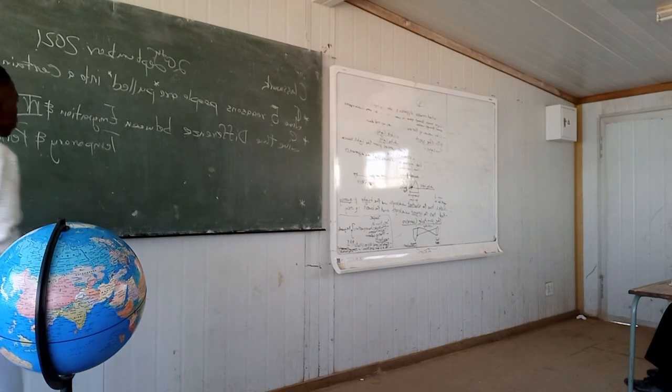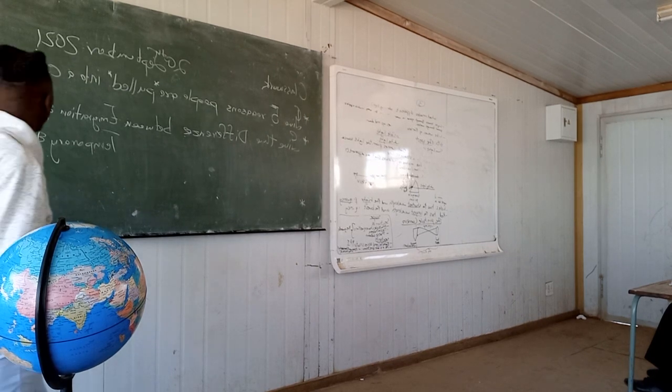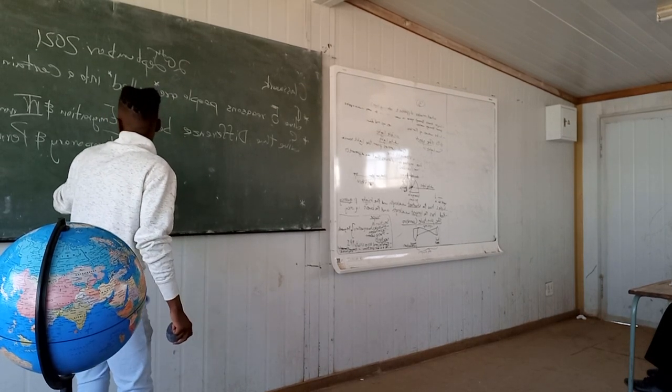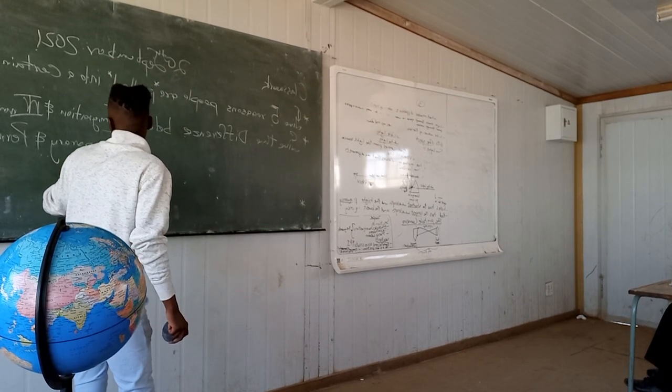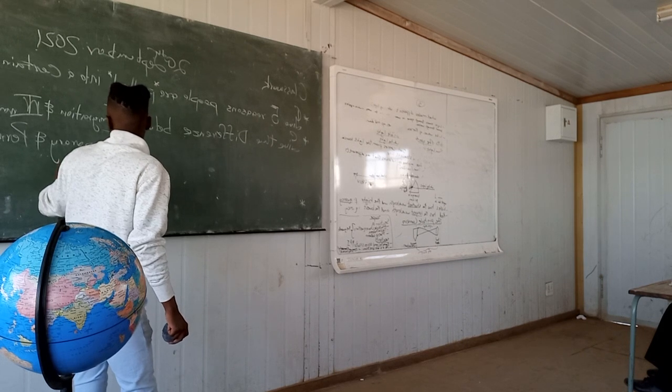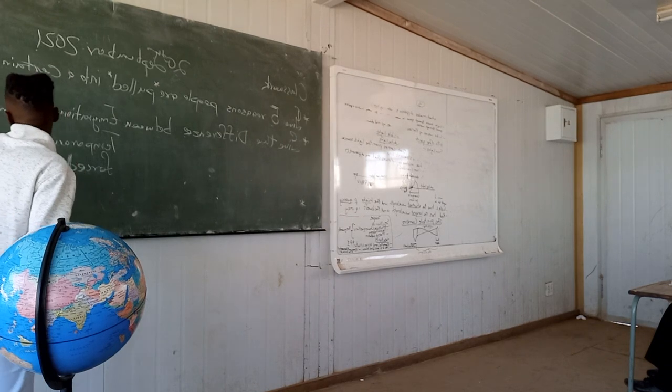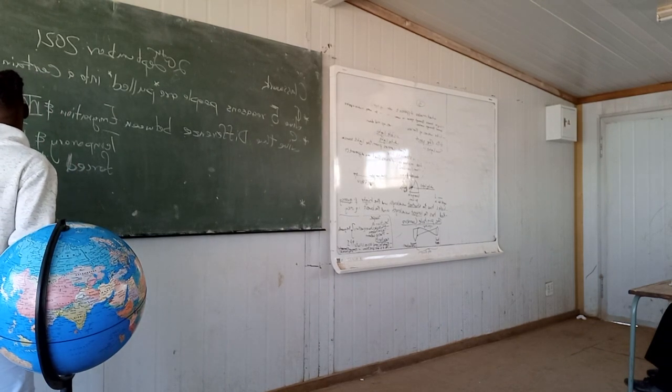Another 4 marks. We're making it 20. Another 4 marks is going to be between forced migration and voluntary migration.